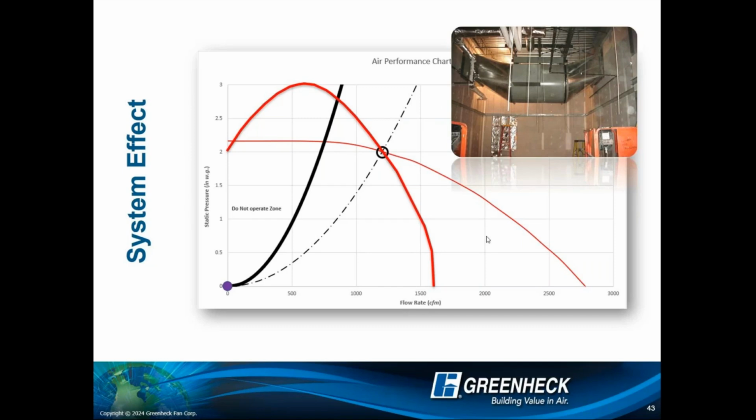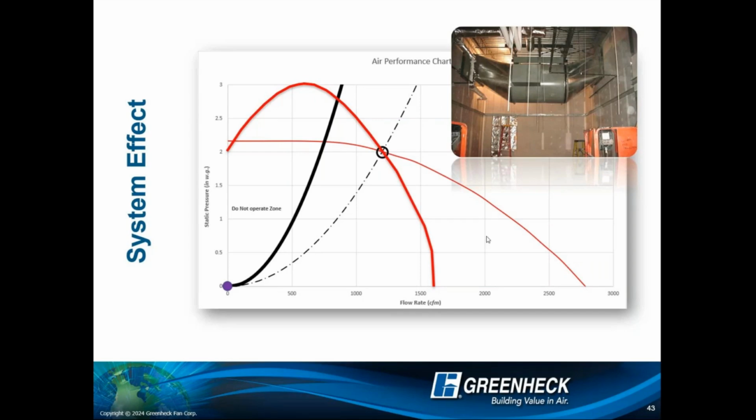My vibration went up, my noise went up, my horsepower to move that air went up, right? And I might even have to bump up the motor horsepower size in the fan to get into that range. Or, in the worst case scenarios, I might have to actually pull that fan out and put a larger fan in that has a range to get there, right?